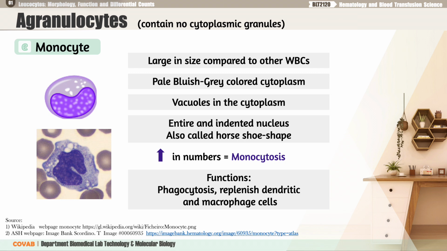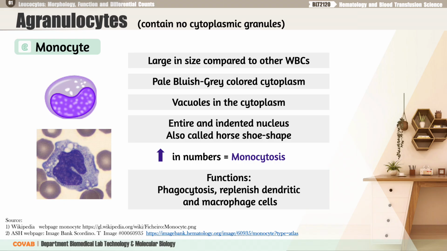The second category of agranulocyte is the monocyte. It is large in size compared to the other white blood cells. The picture above shows a three-dimensional view of a monocyte, while the one below shows what you'd see in a thin blood smear.